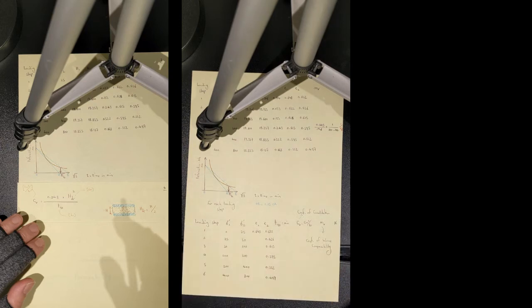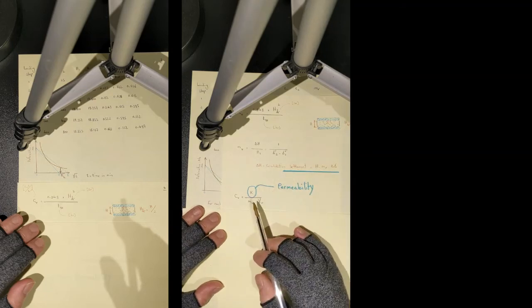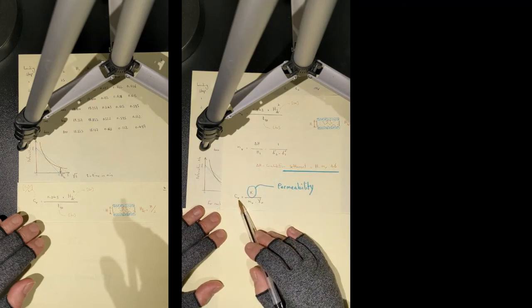K is permeability. Let's see how we can determine the permeability from a simple oedometer test. I'd like you to look into this equation. C sub V is coefficient of consolidation.